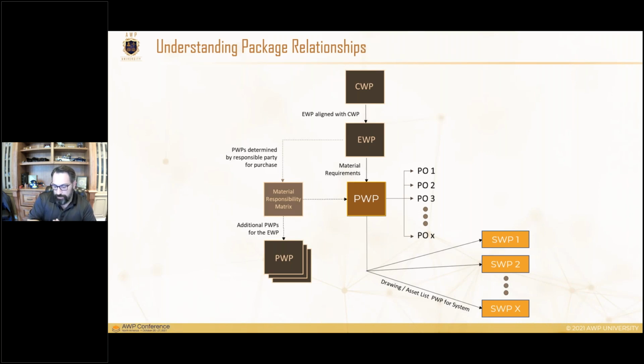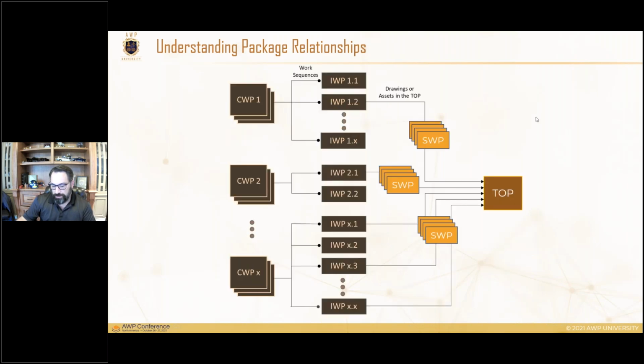All right, so from that basis, then we get into looking at the turnover package. So a turnover package, in essence, we need to look at this from the point of view of all the IWPs. So we're going to look at this from execution or completion of the turnover package, which is here. So CWP 1, 2, and so on, tied to the IWPs. The IWPs are broken down from those CWPs.